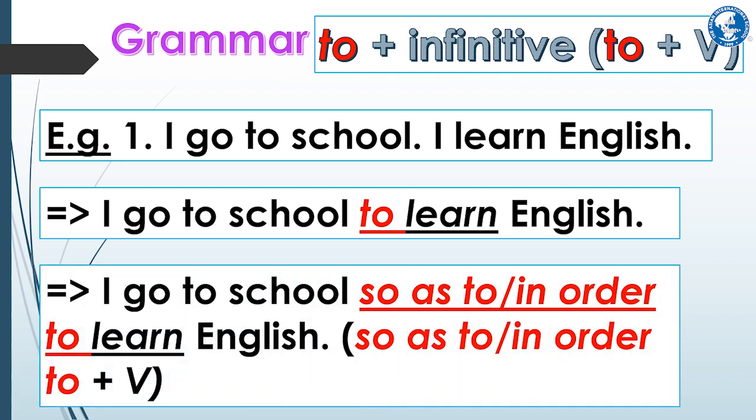Or I go to school so as to, I go to school in order to learn English. To infinitive, so as to infinitive, and in order to infinitive, all of them are called infinitive phrase of purpose. Please note that so as to and in order to infinitive are used in formal written English.